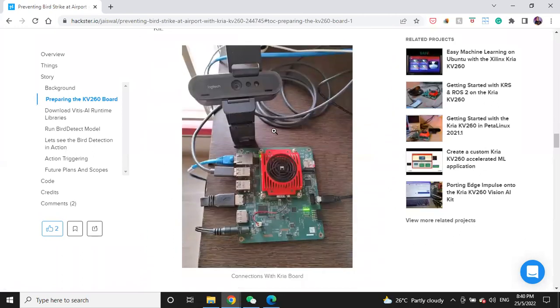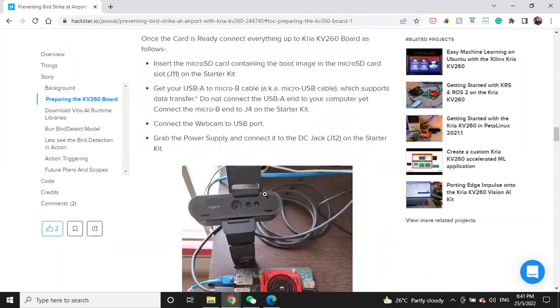As you can see in this photo, this is my basic setup: a Logitech 4K webcam with the Kria KV260 board. The good thing about this board is that it can sample our footage at 4K 60 frames per second, which is really great.